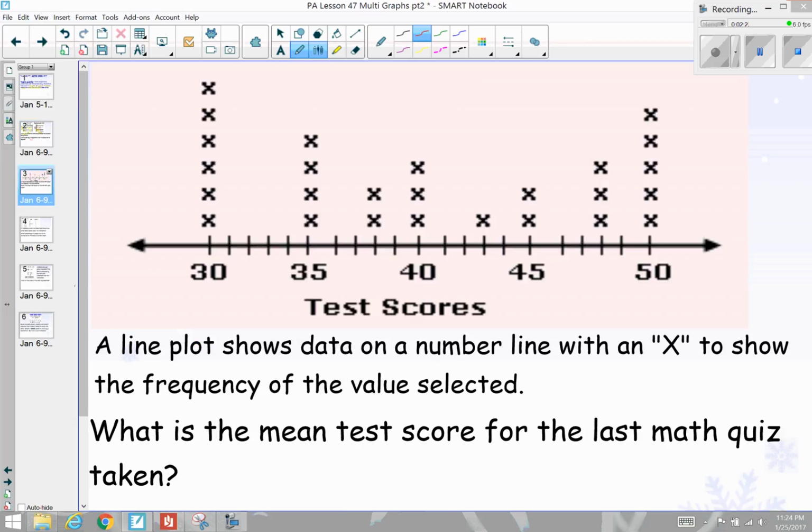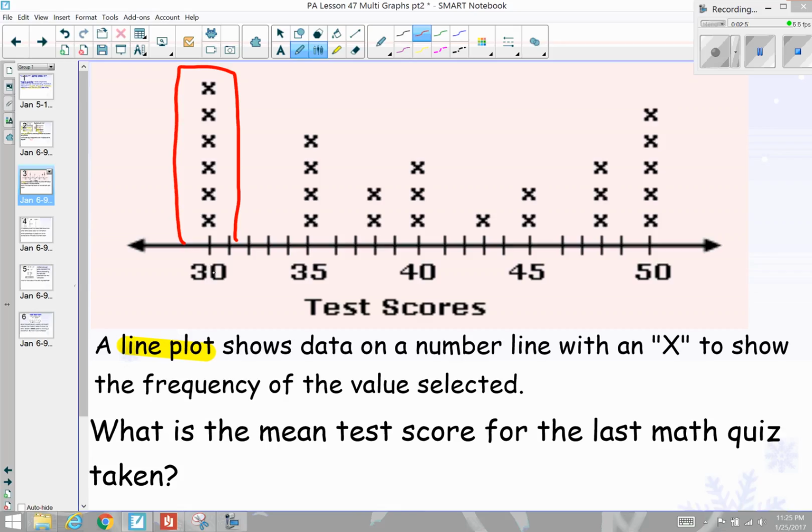Let's look at our next graph. This one is called a line plot. You might be familiar with this from previous years of studying math and statistics. A line plot shows how frequently the data occurs. Instead of having a y-axis on the side showing the frequency, where we would create a bar around this, we show it with x's to represent the data values.